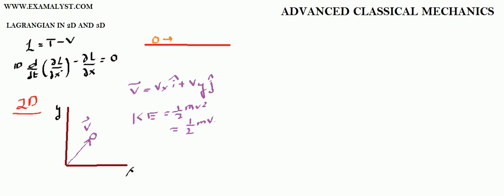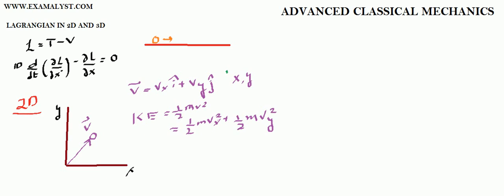One will be the kinetic energy with respect to the x-axis velocity, that is vx square, and another is the kinetic energy with respect to the y-axis velocity, that is vy square. Hence there are 2 coordinates, one is the y coordinate and another is the x coordinate.